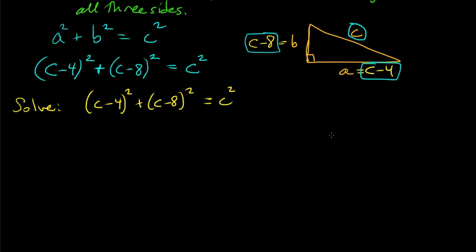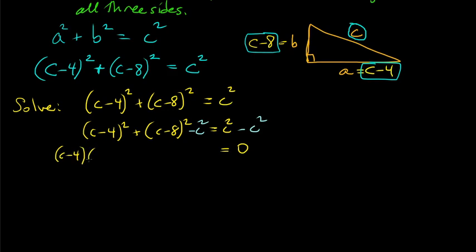Okay, first thing to note is that it's not in standard form. It doesn't equal 0, but we can subtract C squared. Let's do that on the next stage here. We can subtract the C squared from both sides. Okay, and now it equals 0. Next thing we have to do is expand this out. C minus 4 times C minus 4 is C minus 4 squared.